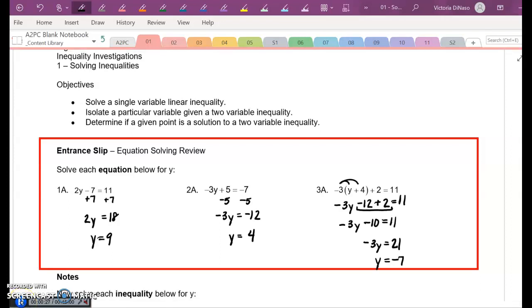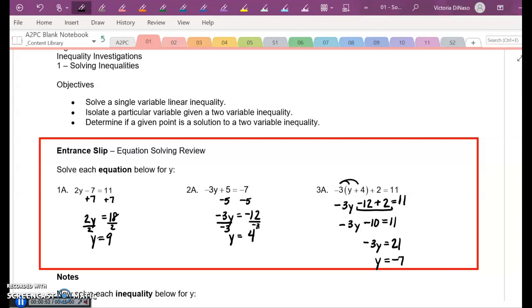For problem number 1a, we went ahead and added 7 to each side. After I divided each side by 2, we get y equals 9. For number 2a, I can go ahead and subtract 5 from each side, and we're left with negative 3y equals negative 12. I can go ahead and divide each side by negative 3, and we're left with y equals positive 4. For number 3a, go ahead and distribute first.